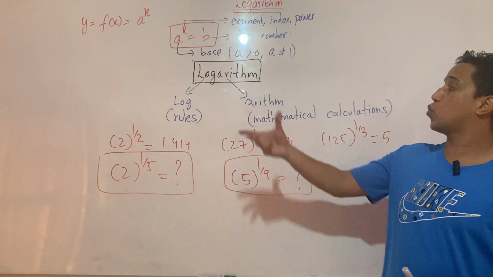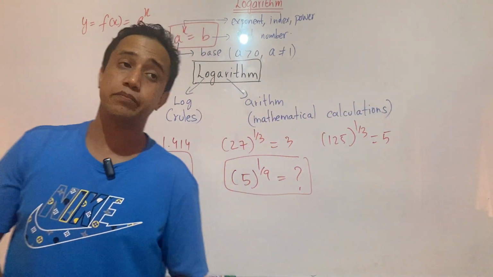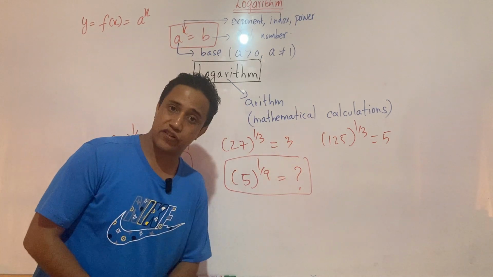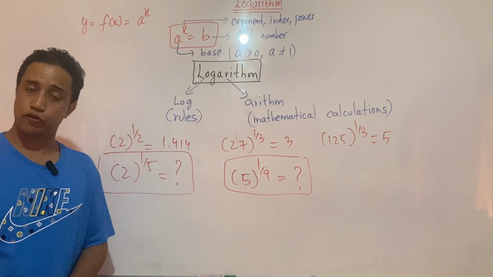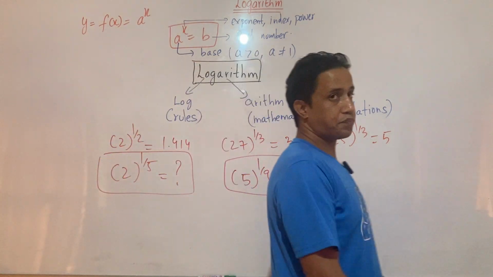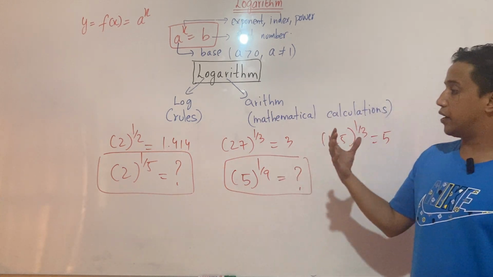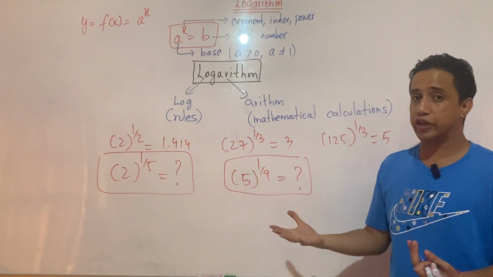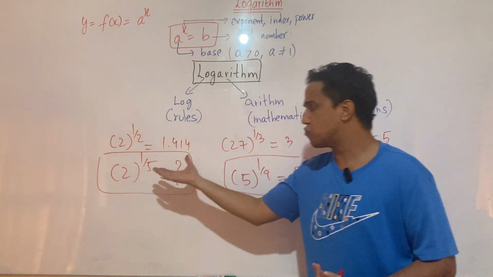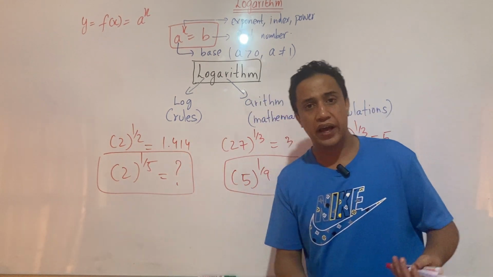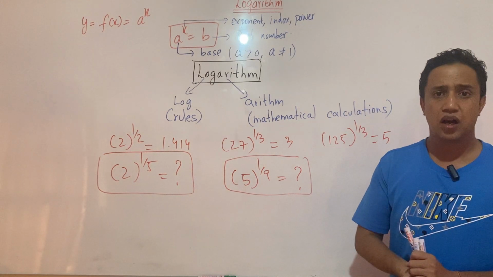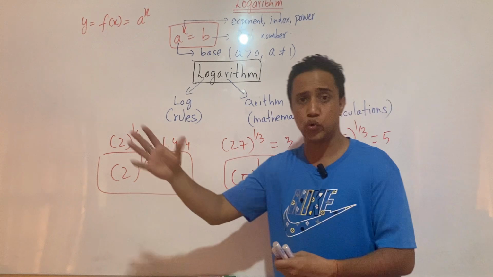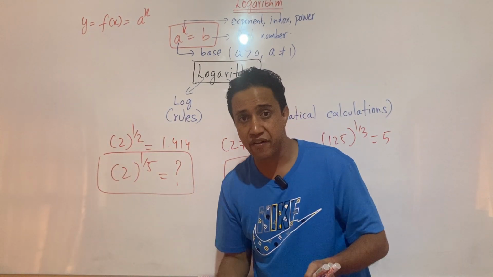So that's why logarithm came into the picture, to solve these kinds of problems. To find the fifth root of 2 is a difficult task if you go through the way of calculating everything.